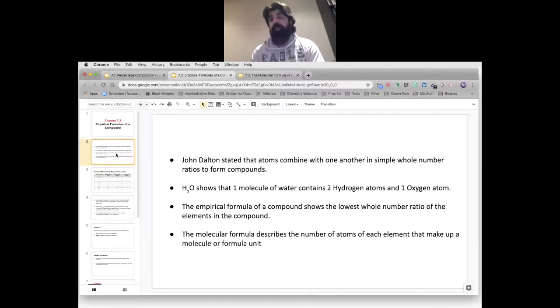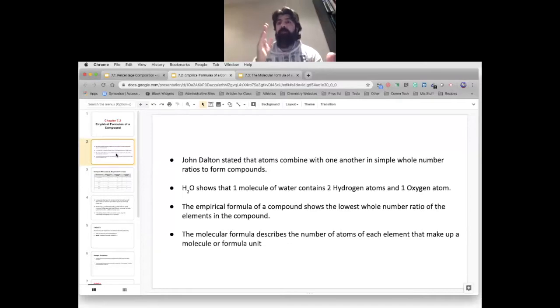So all formulas are whole numbers. Think of glucose, C6H12O6. We don't have decimal values or fractions for formulas. They're full whole numbers. So that's what Dalton stated, that compounds will contain whole number ratios.